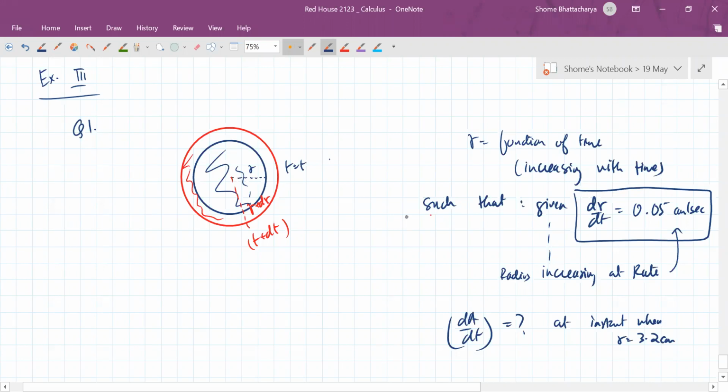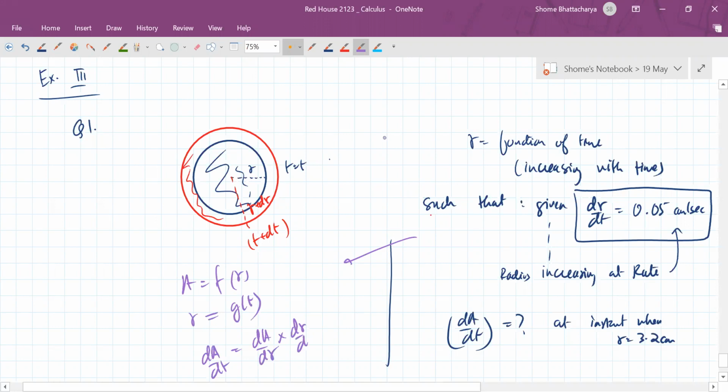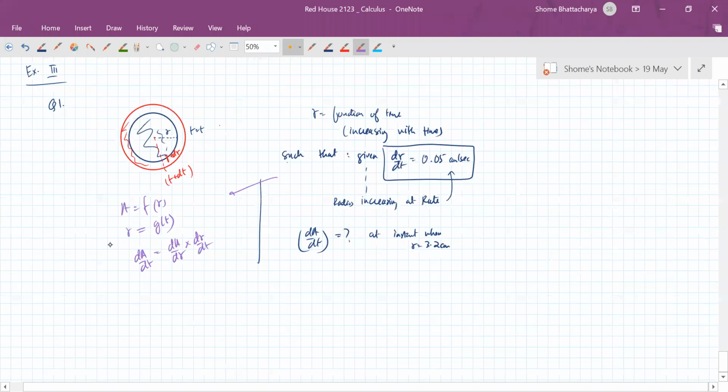So what we have to do here is we have to understand in the question that area is some function of radius and radius is some kind of function of time. So rate of change of area with respect to time will be rate of change of area with respect to radius into dr by dt. So this is the practical application of chain rule over here. This is how we are practically going to apply chain rule to solve this problem. So from geometry we know that area is equal to pi r square.